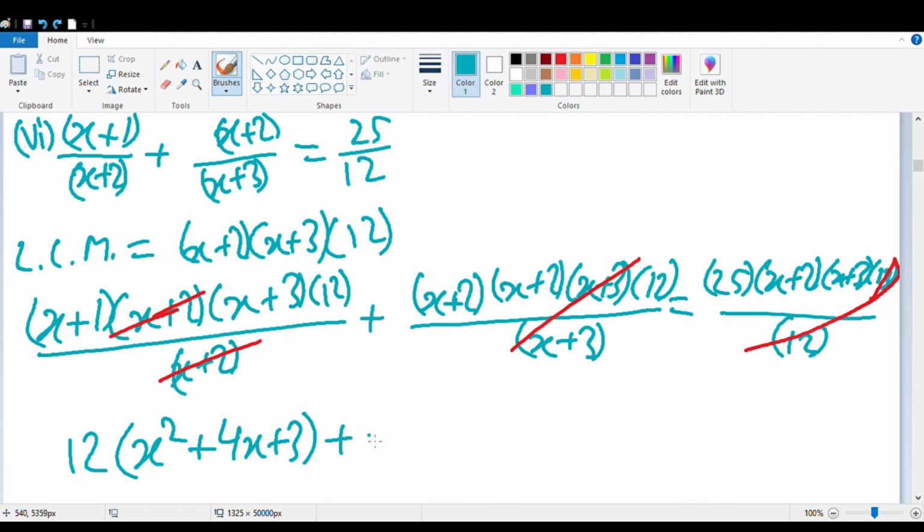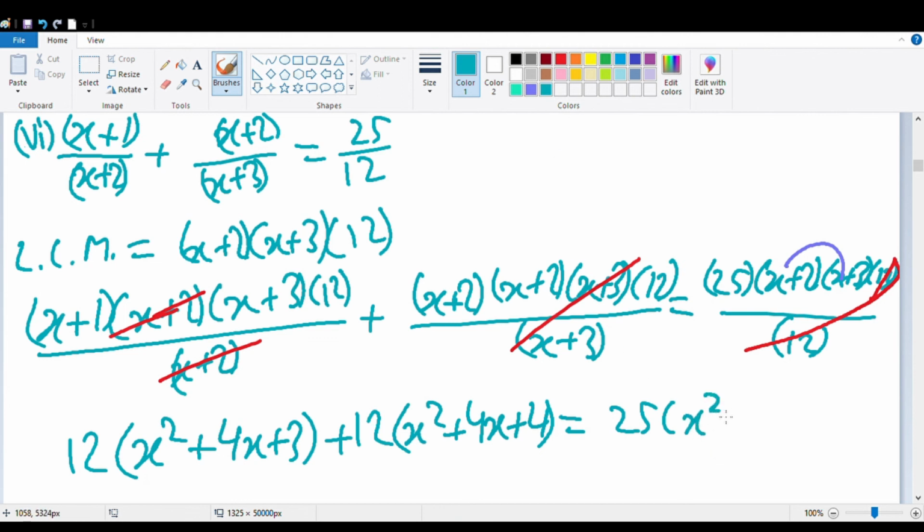It's going to be x squared plus 4x plus 4, and 12 right here, is equal to 25 into x plus 2 into x plus 3 is going to be x squared plus 5x plus 6.